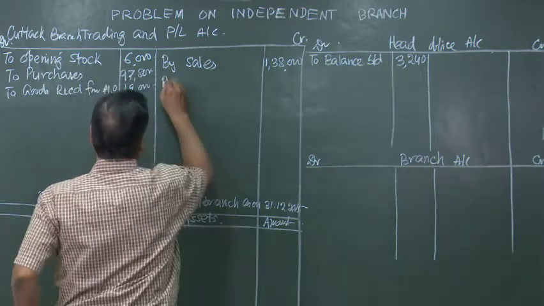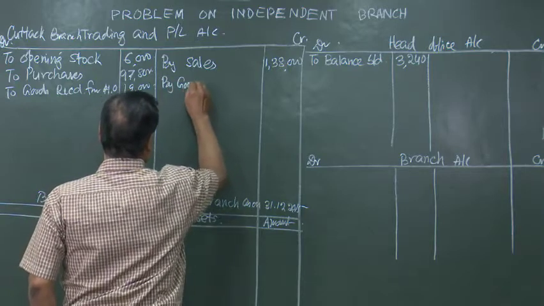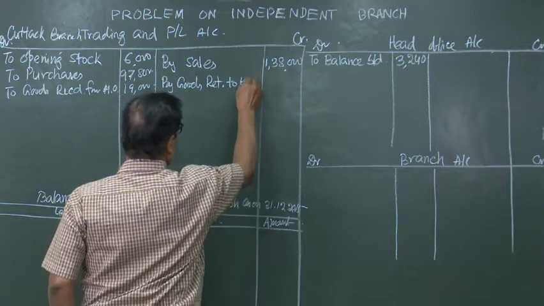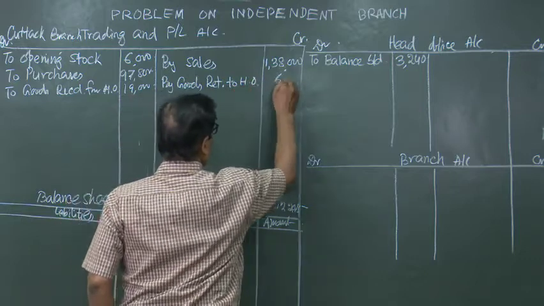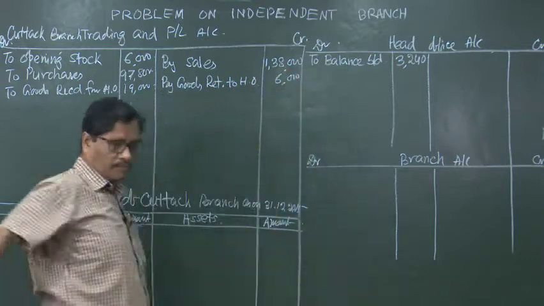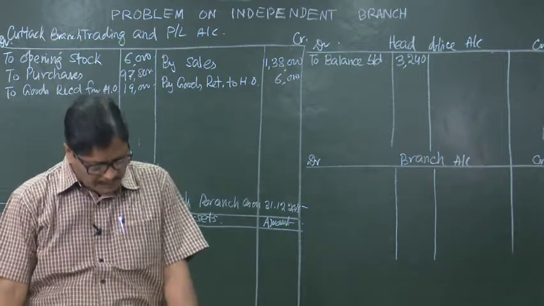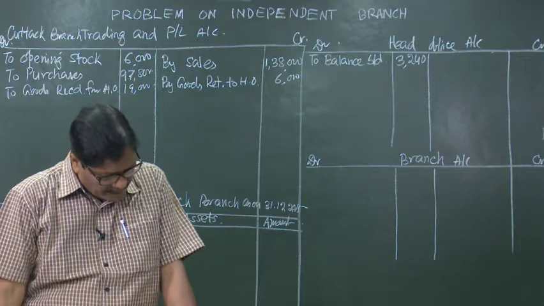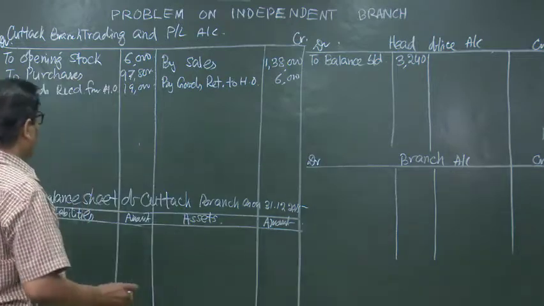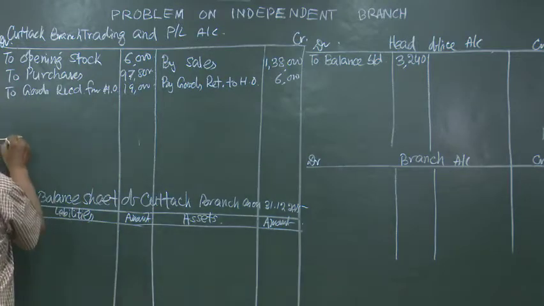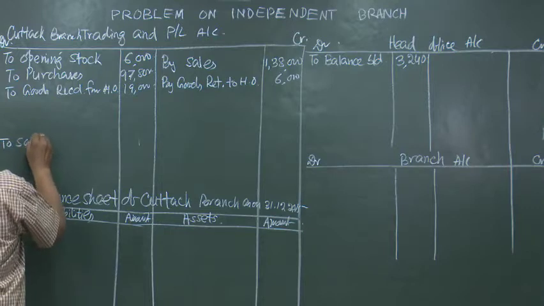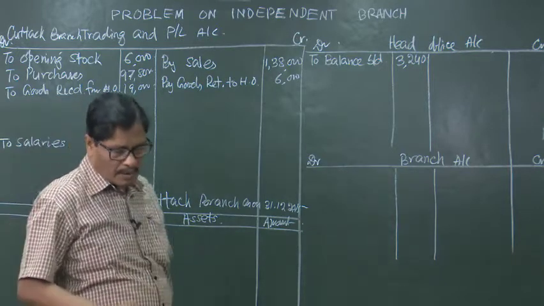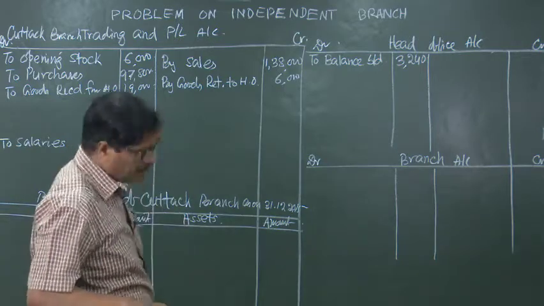So, by goods returned to head office 6,000. Next item is salaries rupees 4,500. Salaries will be indirect expenses, we can write it here, to salaries 4,500.